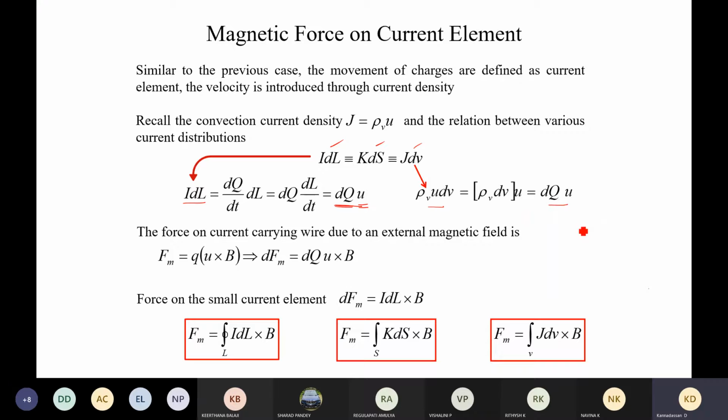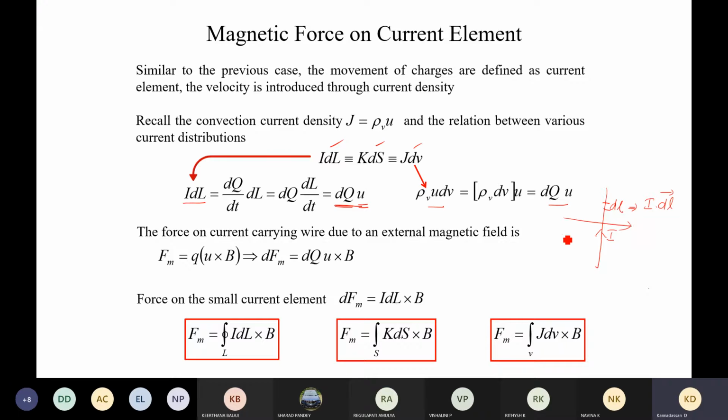If we consider a line carrying a current I, and at a small length we calculate the current, then it is going to produce I dl. Now this I dl is named the current element.